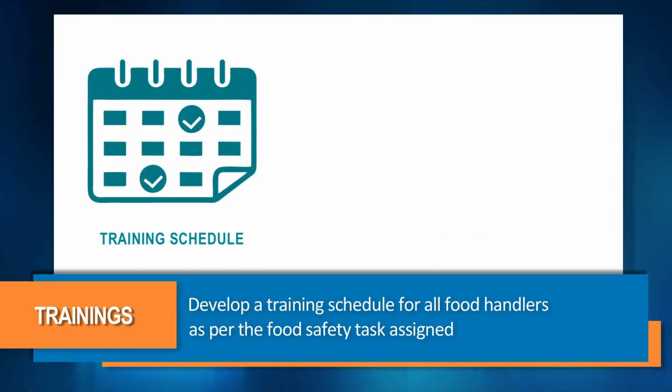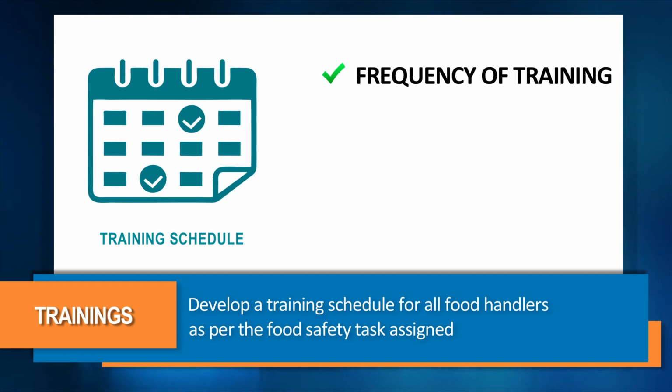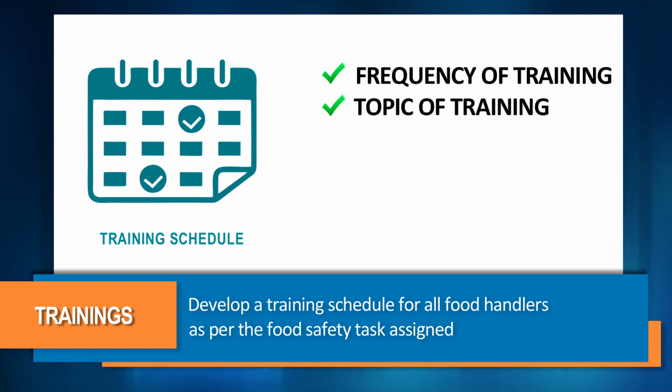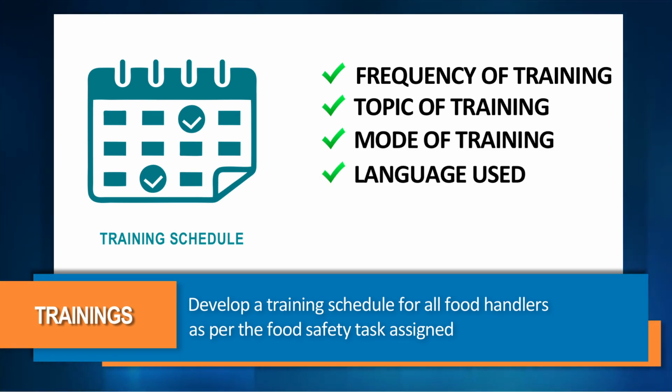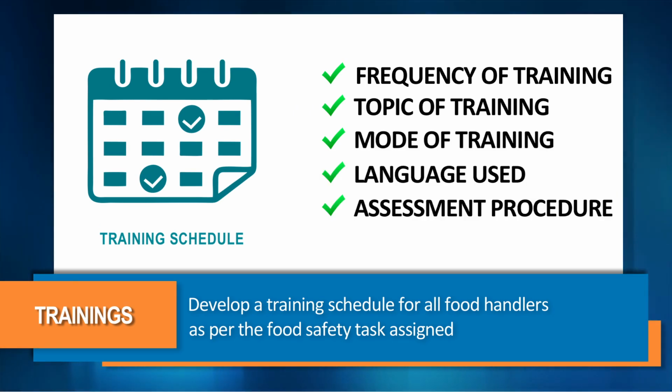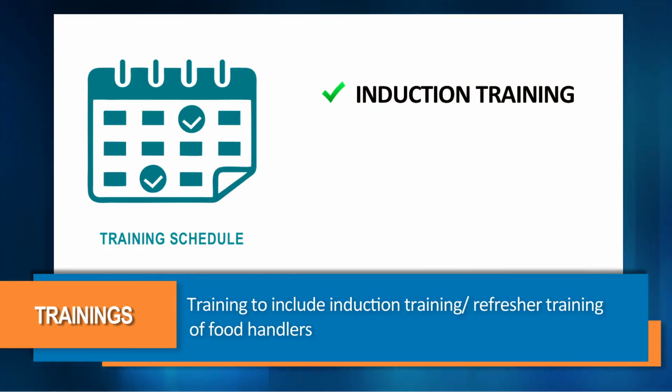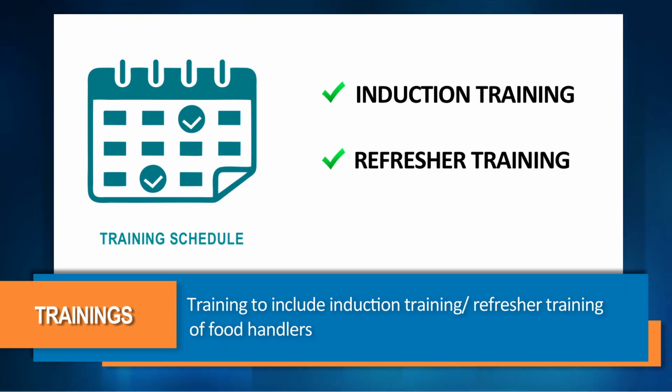The schedule should include the frequency of the training, topic of the training, mode of training, language used, assessment procedure, etc. It should also include induction training and refresher training of food handlers.